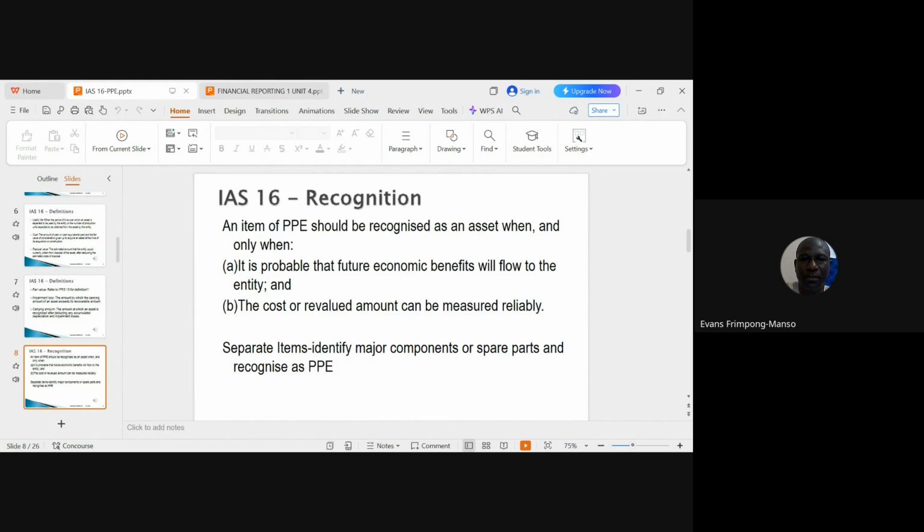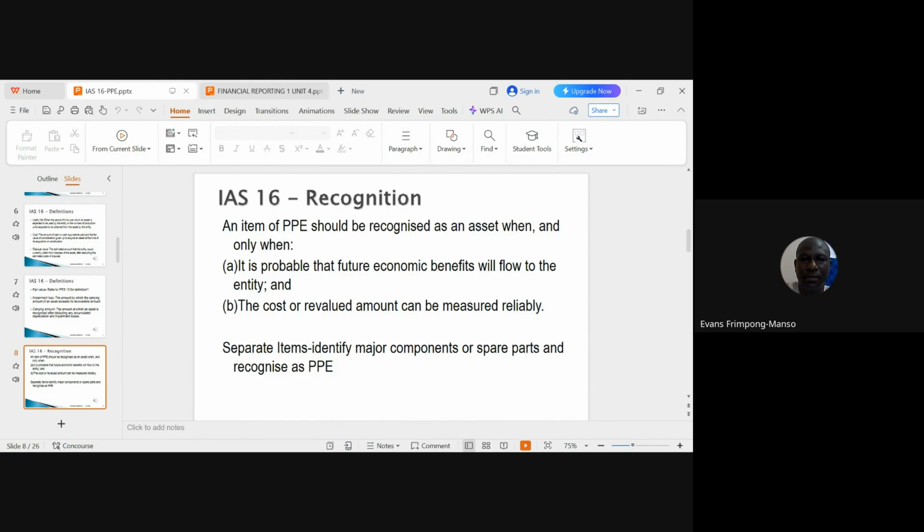There are 2 conditions. When it is probable that future economic benefit of that asset will flow to the entity, and the cost or the revalued amount can be measured reliably. Because if you cannot measure the cost or the revalued amount of the asset, then how do you state the asset on the financial statement?